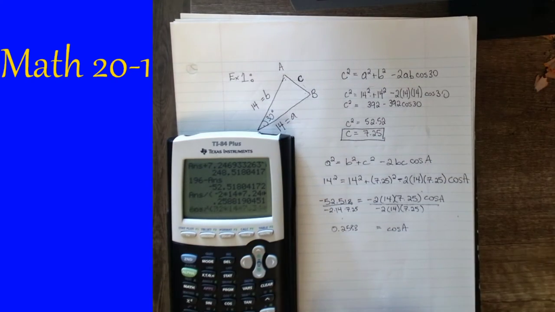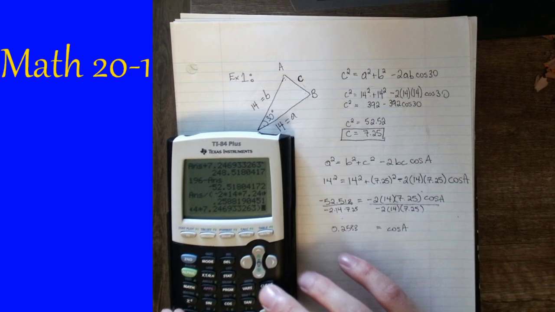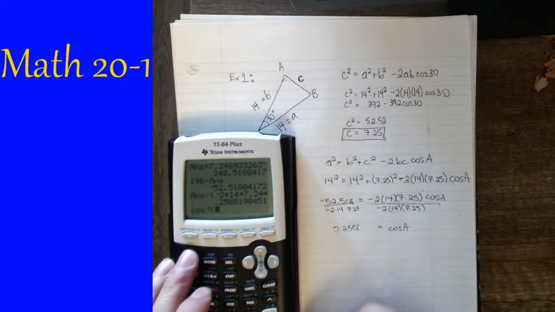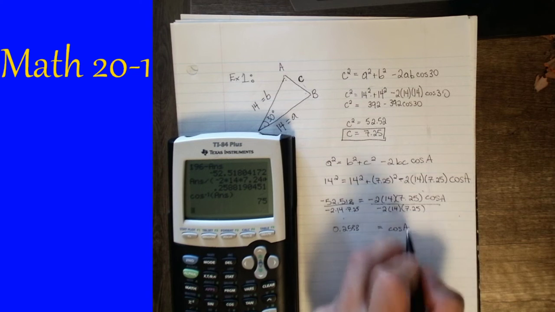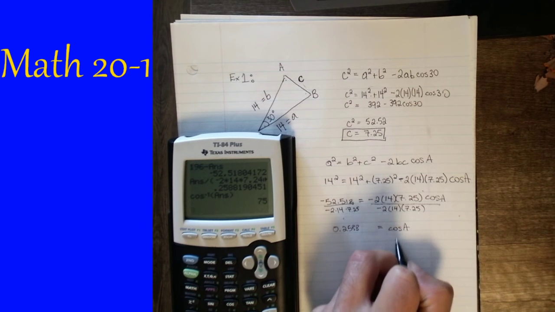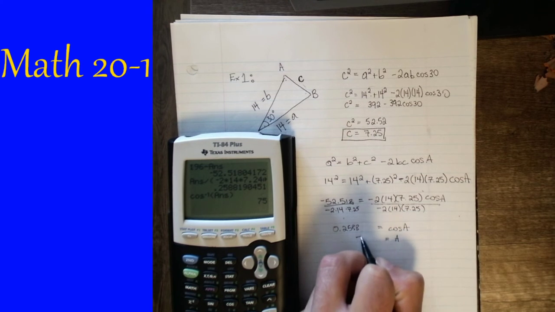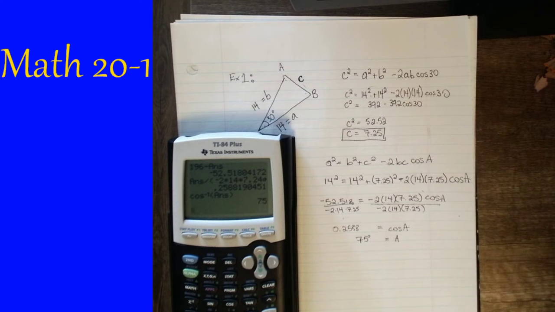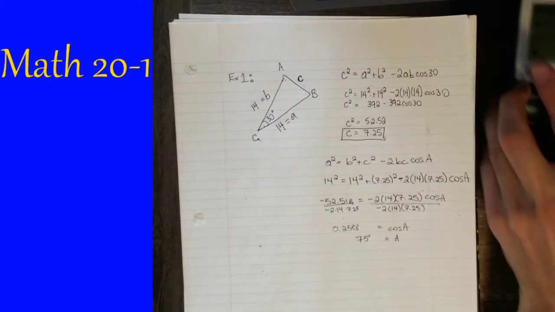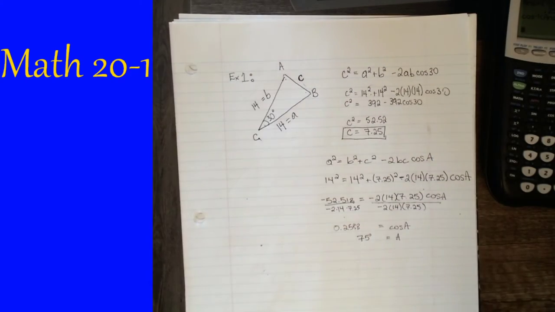We'll inverse cosine that, and then hopefully we get, as we claimed before, that A is, yes, 75 degrees. Okay, so I hope that makes sense and kind of just reinforces what we knew about a particular triangle.